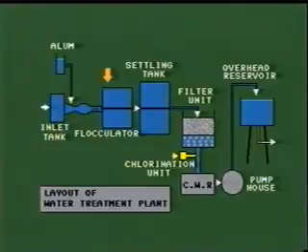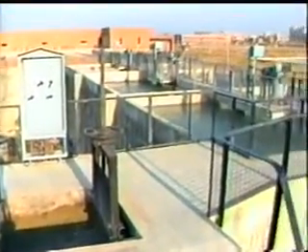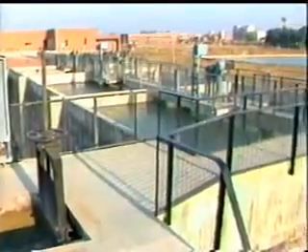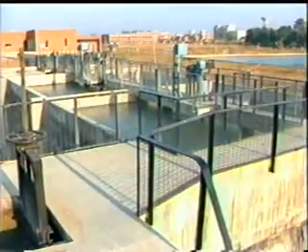The next unit of treatment plant is flocculator. Here two different flocculator units are used, one at the right and other at the left.